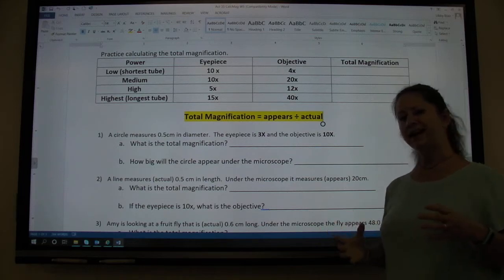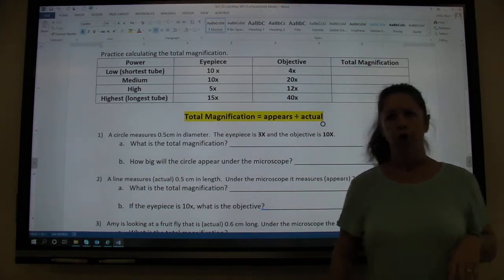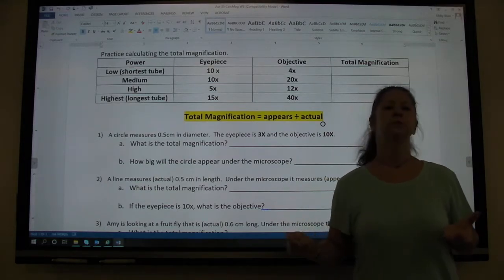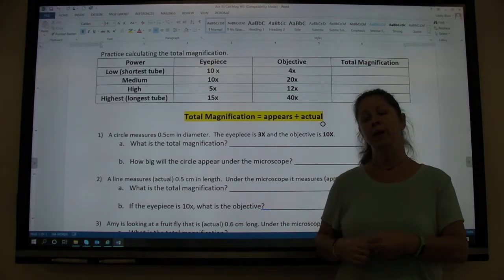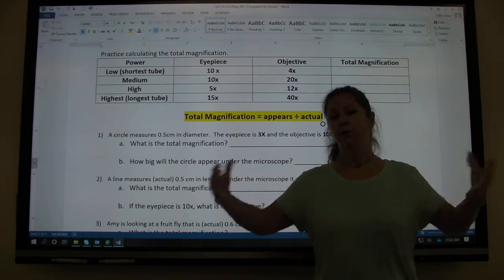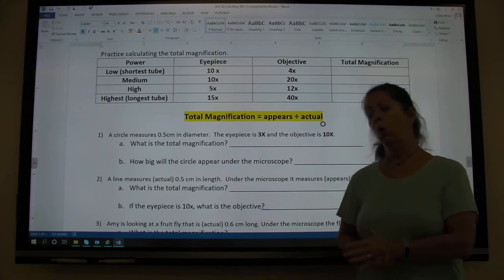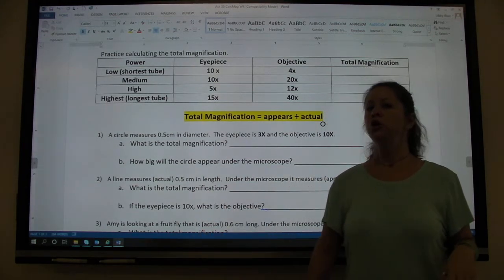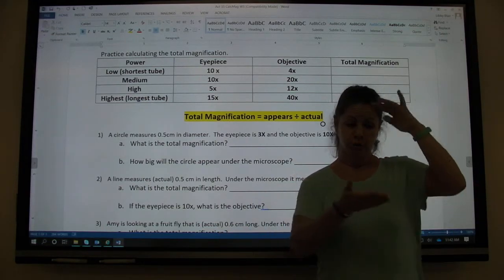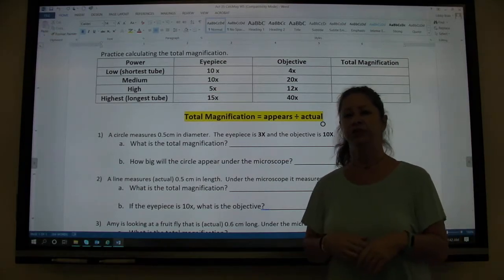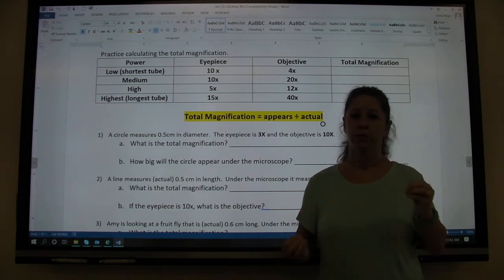is the actual size of the object. You can know how big an object is and figure out how big it will look, okay, by knowing how much you're magnifying it. Or if you know how big it does look and you know how much you magnified it because you know what lenses you're using, you can figure out how big the object really is in real life.